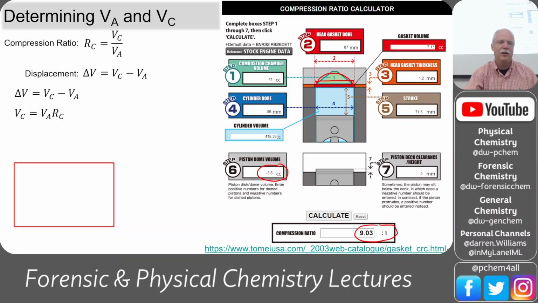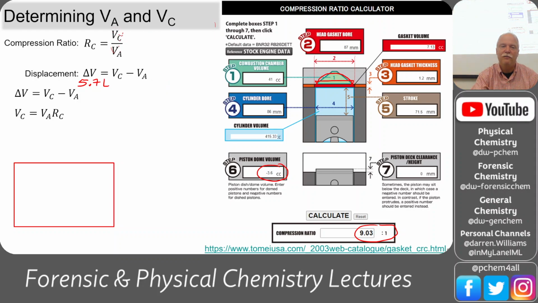Let's do the algebra here, and we'll finish with this. So delta V, that displacement value. Like my truck is a big engine. It's a 5.7 liter. So 5.7 liters, that's the difference between VC and VA. But I don't know what VC and VA are. I just know the difference between them. So that's one equation. The other equation is the compression ratio.